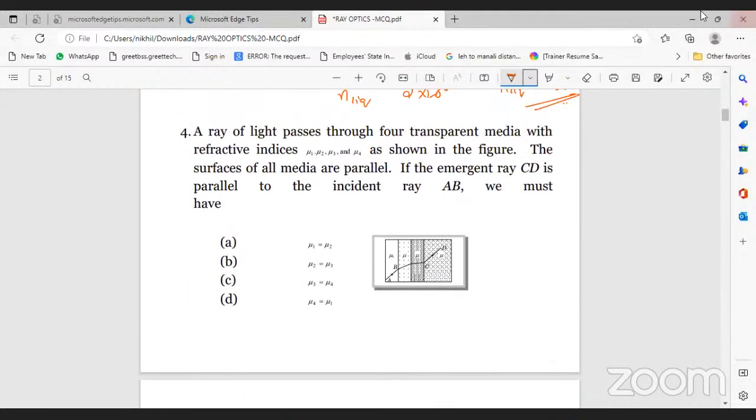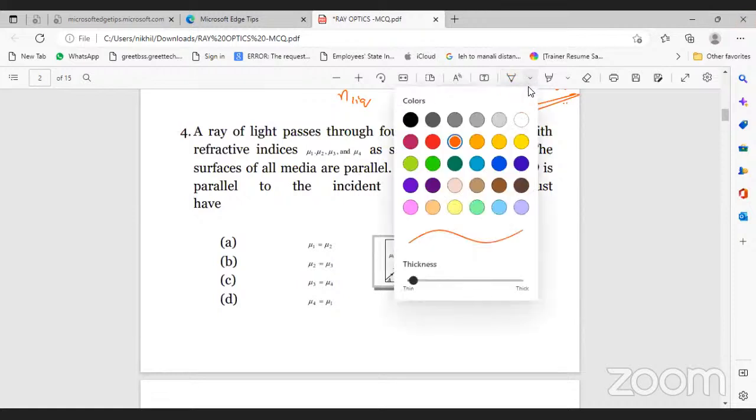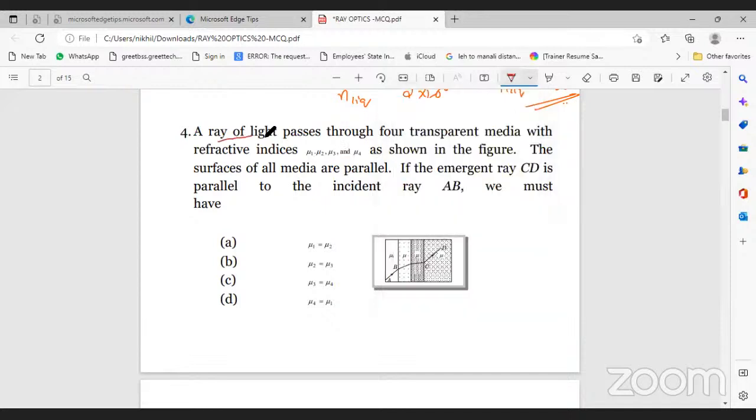Look at this. A ray of light passes through 4 transparent media, mu1, mu2, mu3, mu4 as shown. This is mu1. The second medium is mu2. The third medium is mu3. This is mu4. Now, the surfaces of all the media are parallel to each other.